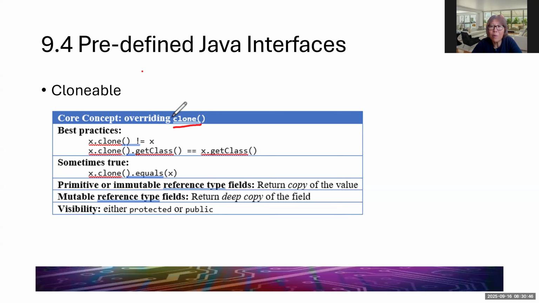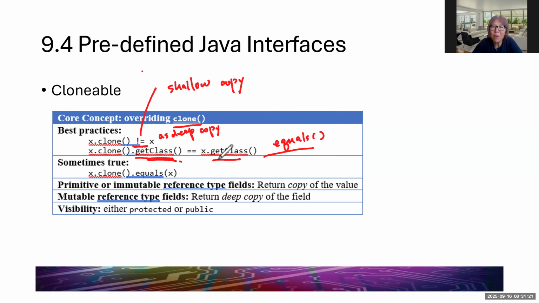When we override the clone method, the best practice is to implement it as a deep copy. That's why the clone shouldn't be equal to the original, because equality would be for a shallow copy. Also, the getClass, the dynamic class, should be the same. If you recall, this is similar to the equals method.